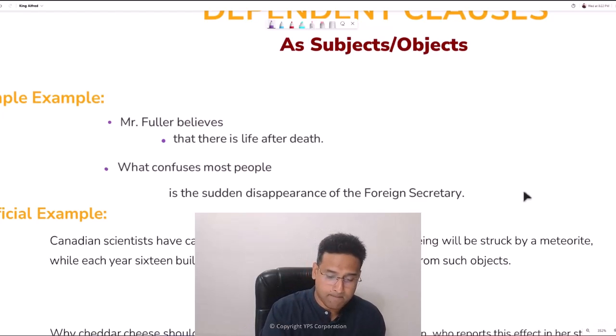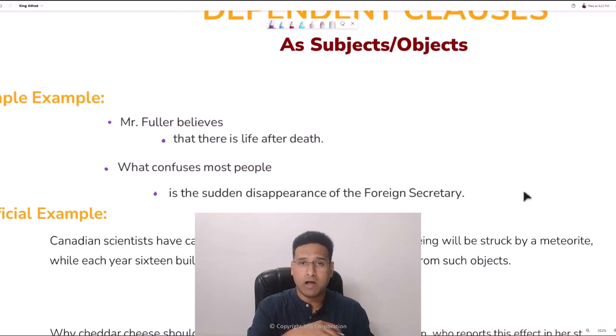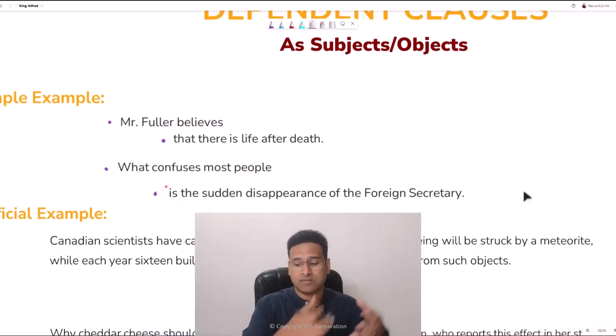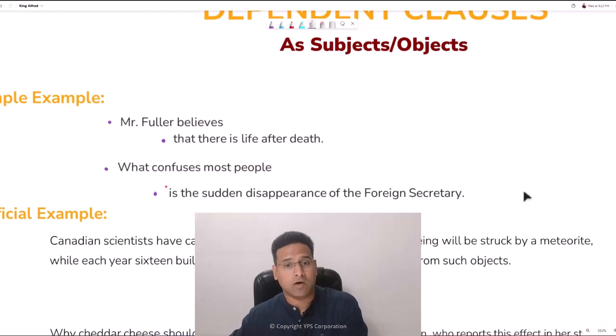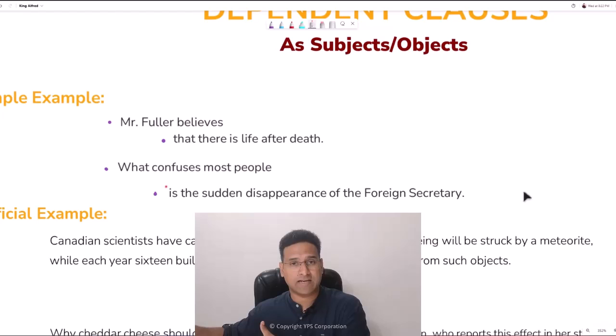Something is the sudden disappearance of the foreign secretary. Or if we flip it around, because that's what we can normally do when we deal with a verb like is, we can just flip the sentence around and say the sudden disappearance of the foreign secretary is something, or something is the sudden disappearance of the foreign secretary.